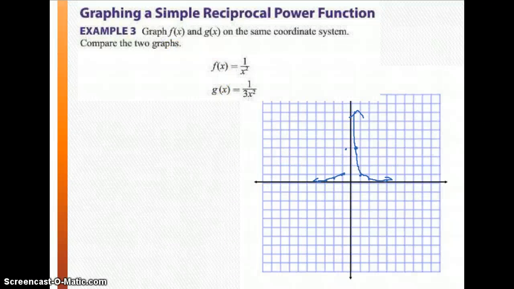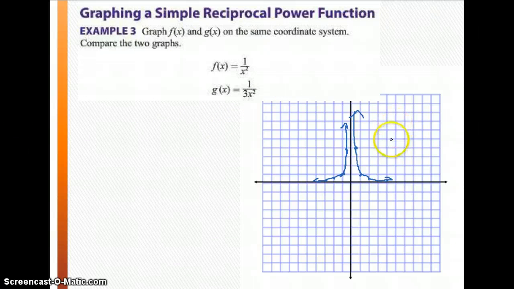It's not wanting to let me draw tonight. Let's see if I get, there we go. Okay, now if I do something a little different, I multiply these things by 1/3. So let's change colors.